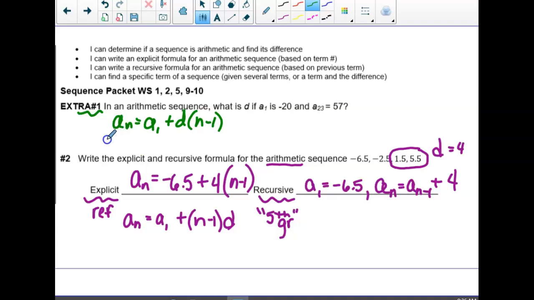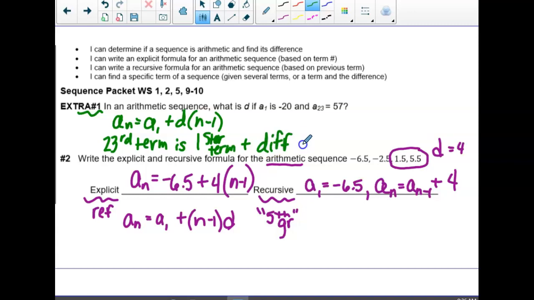I'm going to write a little sentence in words here. The 23rd term is the first term plus the difference, how many times?